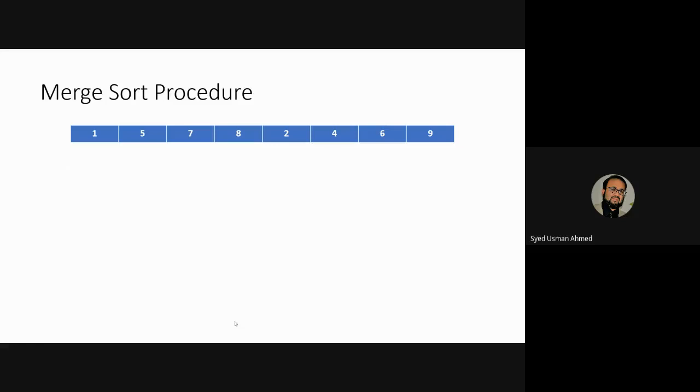In the previous slide we saw two different lines of students, but in an actual scenario we are given one single array. So the question arises how we implement the merging procedure with this single array. As you can see, there is an array on your screen which has some elements.